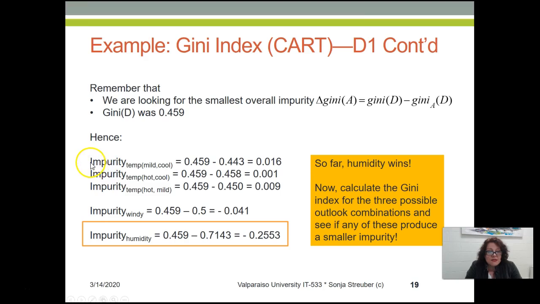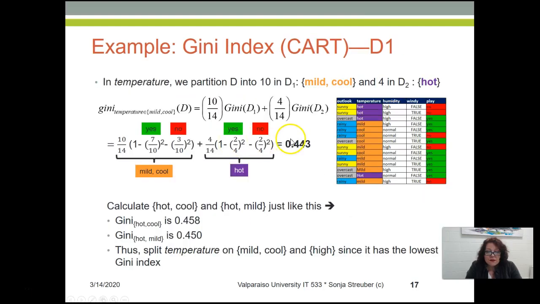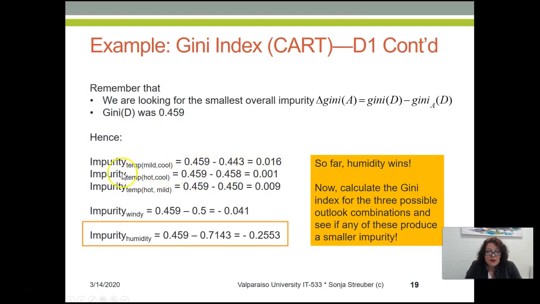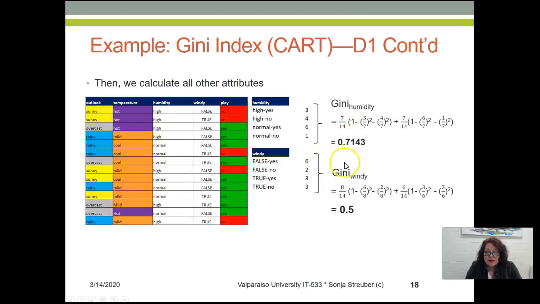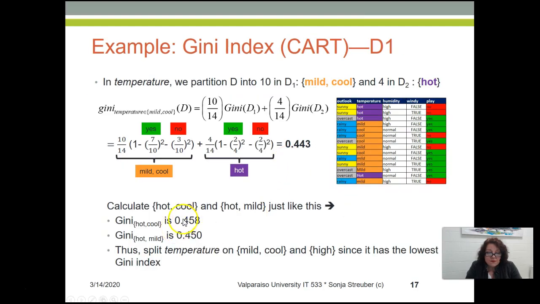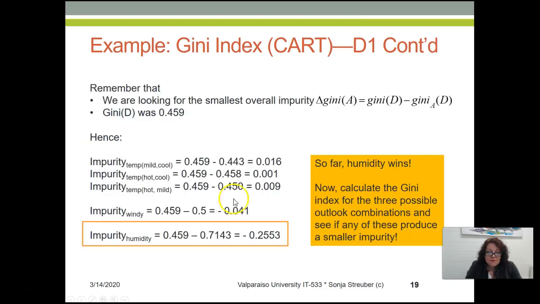This also means if we look at our temperature mild-cool split versus hot, we subtract the 0.443 that we calculated over here, then the 0.458 that we calculated over here, and in another attempt 0.45. And we find here the impurity is at 0.016.